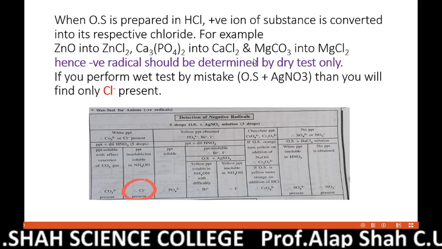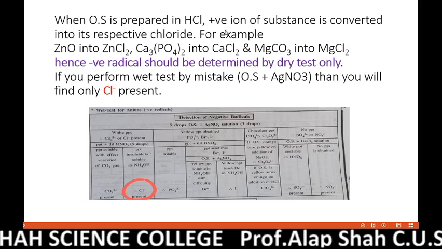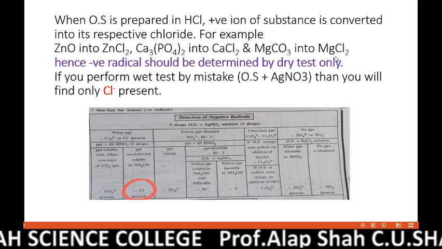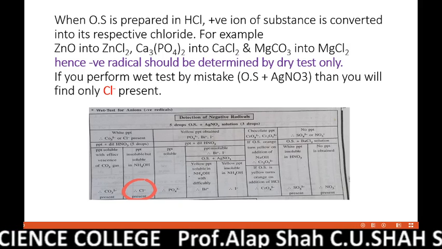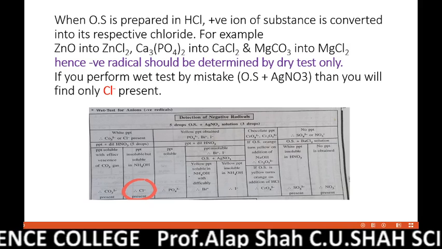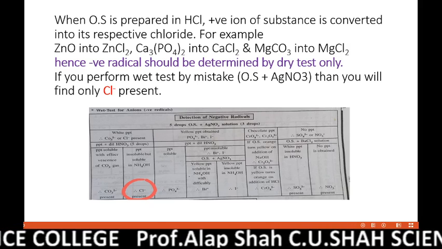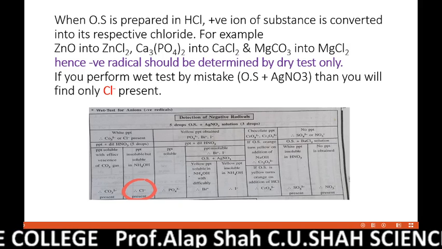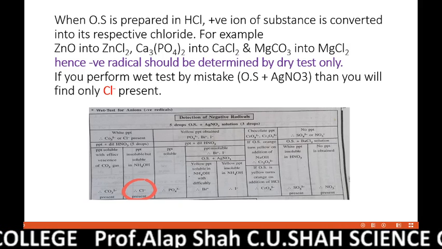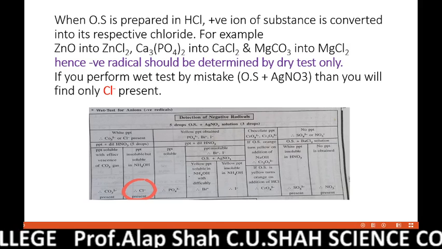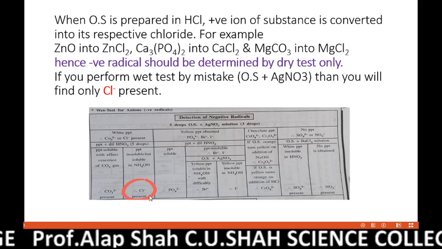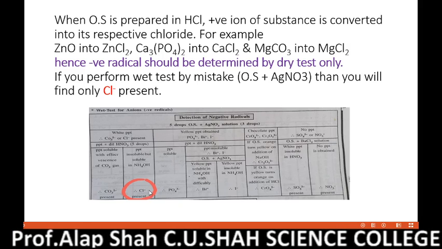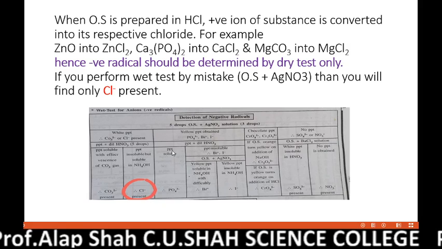If you are given MgCO3, in your OS it will turn into MgCl2. So your compound is converted into the respective chloride. If you forget this point and perform this test, then even if you have oxide or phosphate or carbonate or sulfide, you will get Cl minus here. So you cannot perform this test.